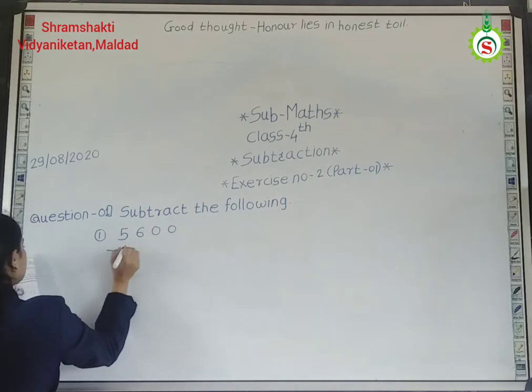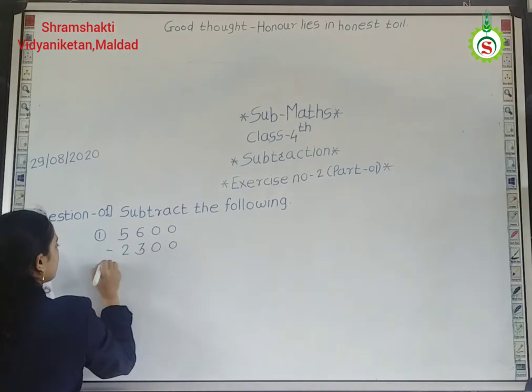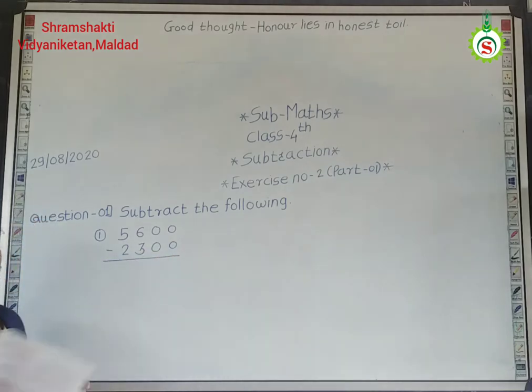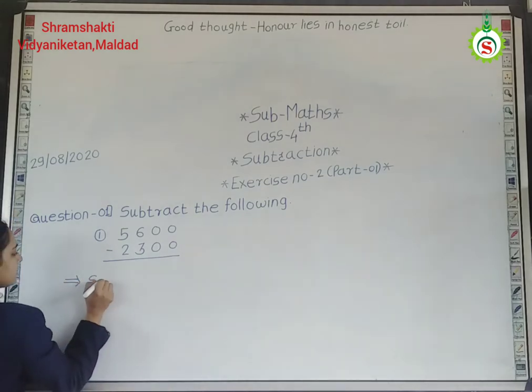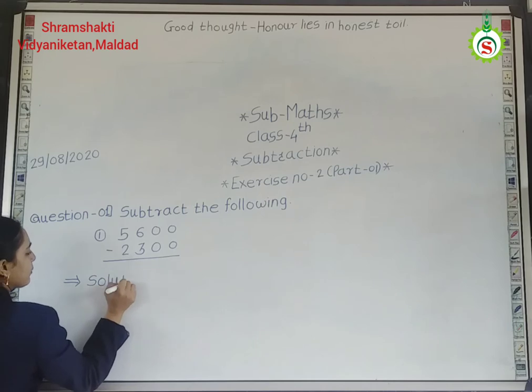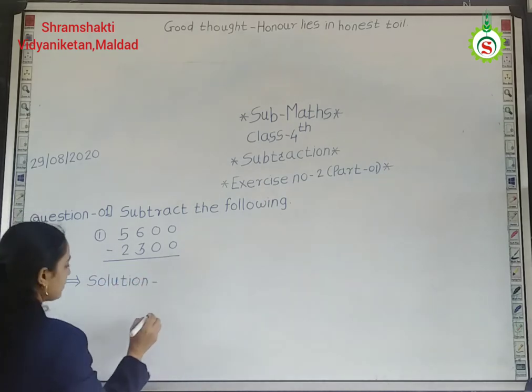5,600 minus 2,300. And we have to solve this example. So, solution: write the given problem vertically.